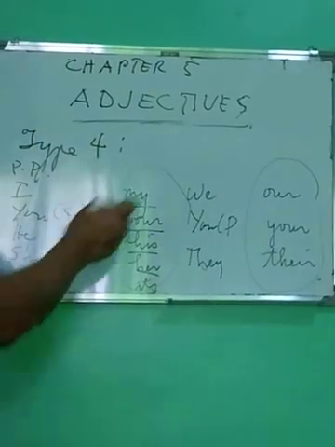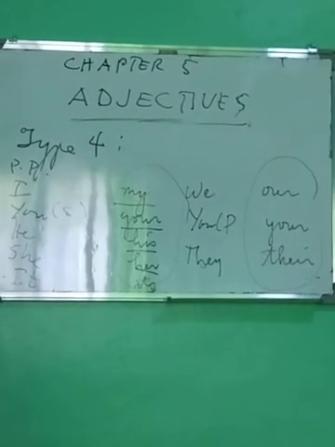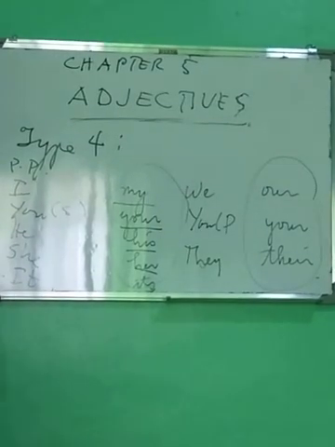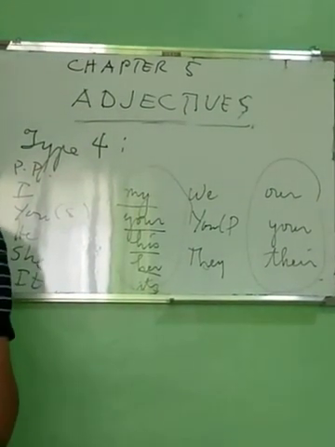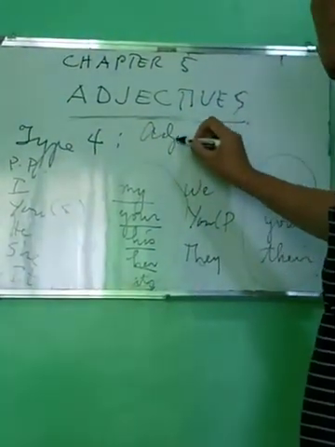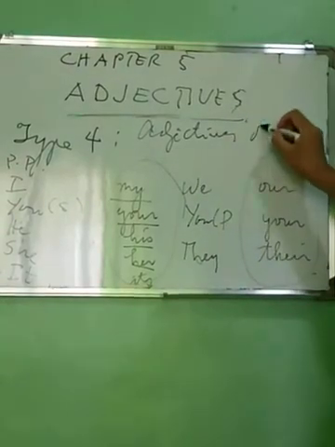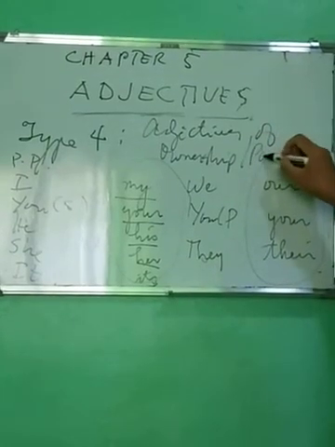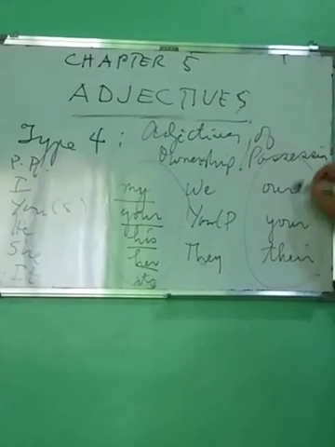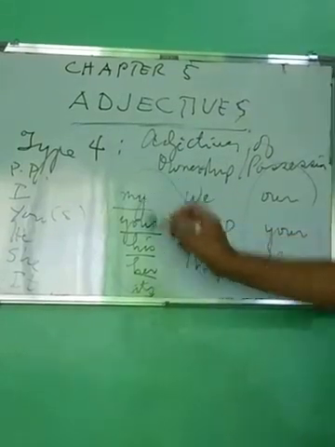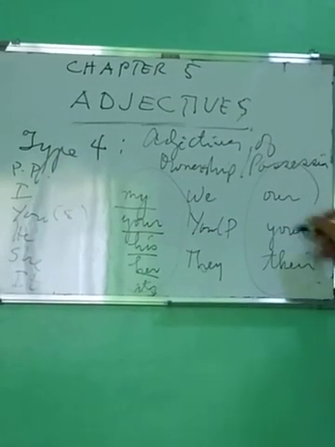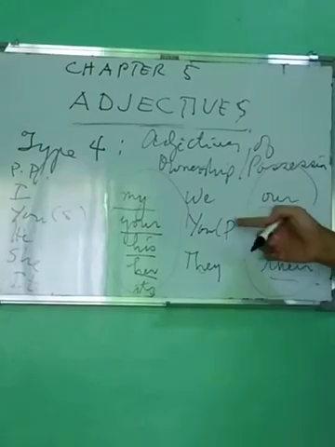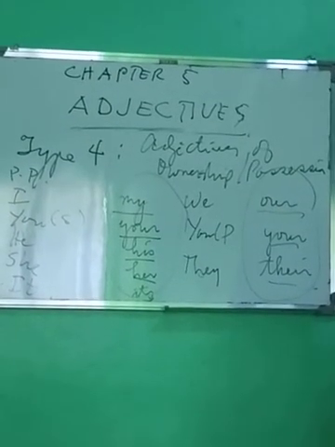To indicate who owns or who possesses the property being referred to. We call this adjectives of ownership or possession. Remember that, ownership or possession. So when you use any of these possessive pronouns, the one that follows would be a noun, then it modifies the noun, or it describes the noun further. Okay?